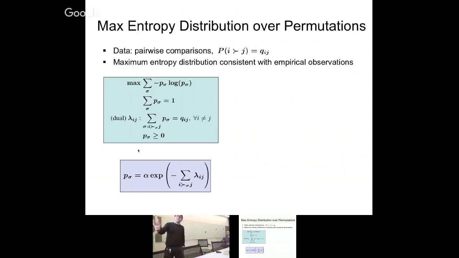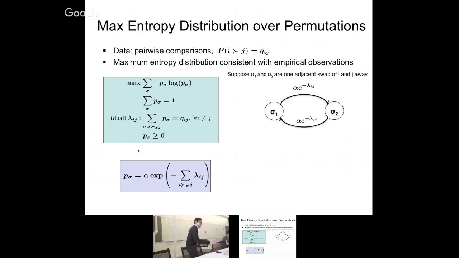It's well known that the solution to this is an exponential family of this form. Basically, this can be represented as a stationary distribution over a Markov chain with appropriate transition probabilities and edges only between adjacent permutations, meaning those that are one adjacent swap away.